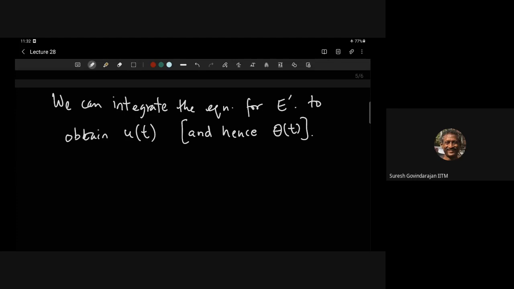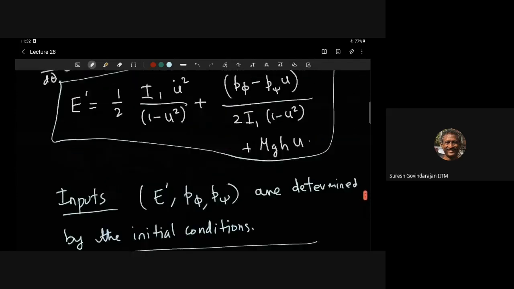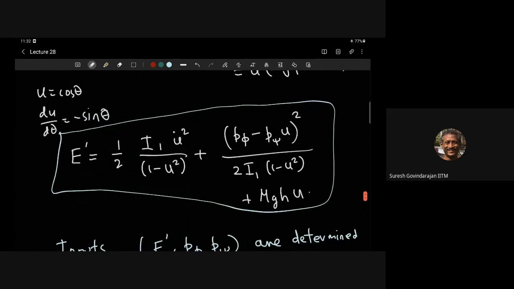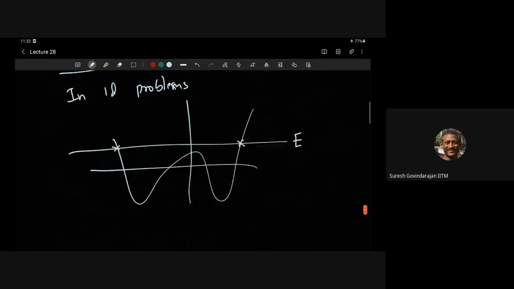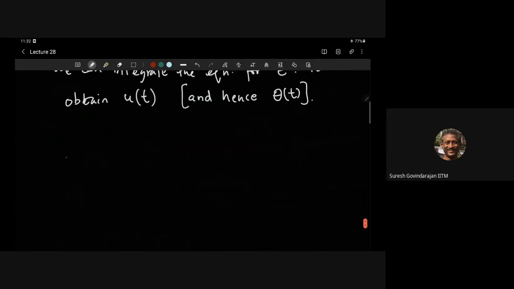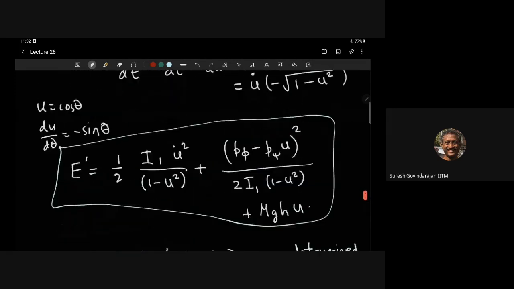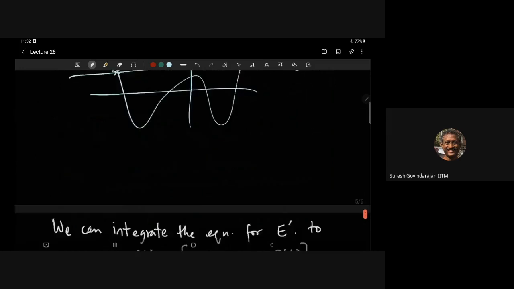We can do that. And how do we do that? Let's go back here, look at this equation, and just take things to be E prime, E phi minus E psi.